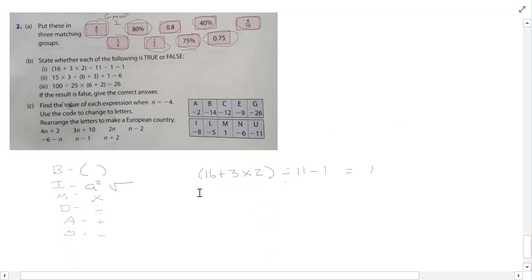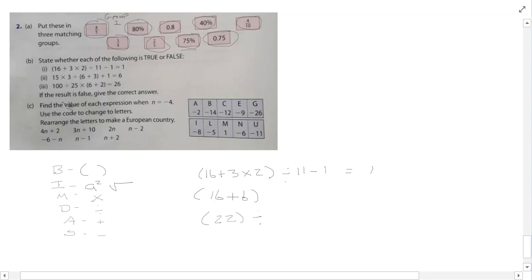So we can do that. It's going to be 16 plus 3 multiplied by 2, which is 16 plus 6. This is still inside brackets, so we continue and carry out this operation. Inside your bracket, 16 plus 6 is equal to 22.